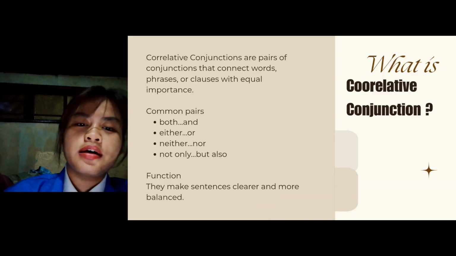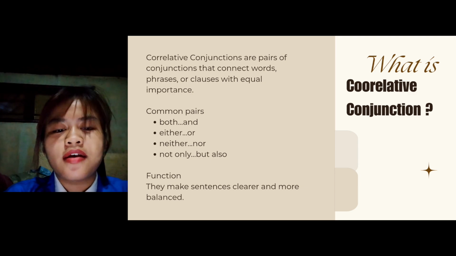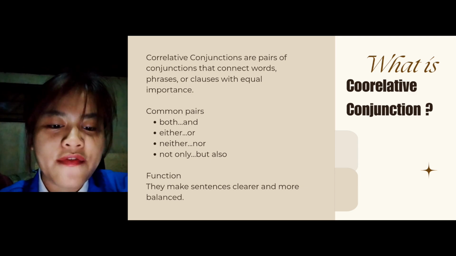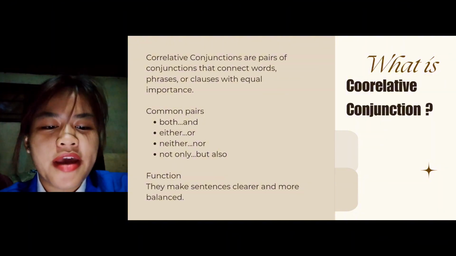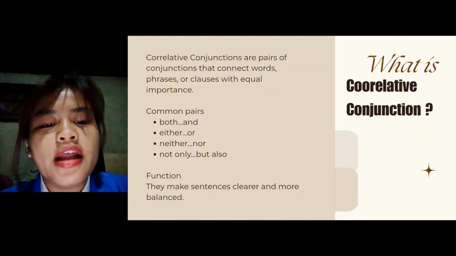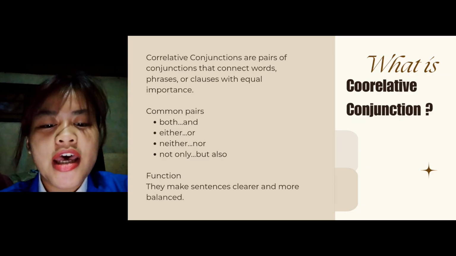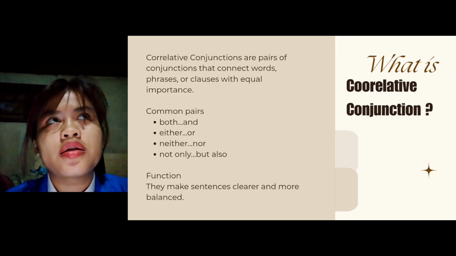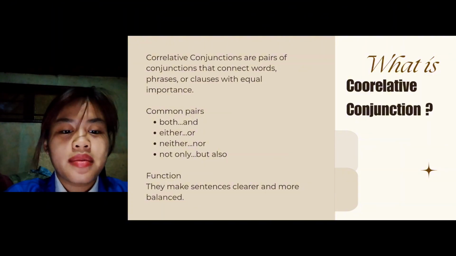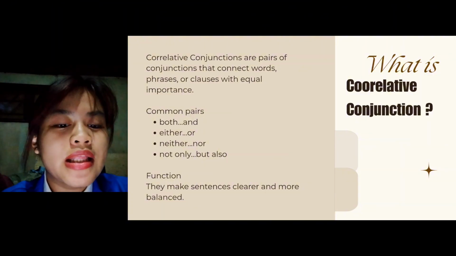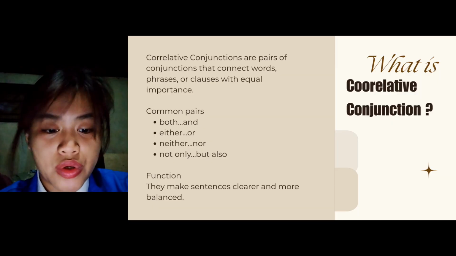And then the second material is correlative conjunction. What is correlative conjunction? Correlative conjunctions are pairs of conjunctions that connect words, phrases, or clauses of equal importance. The common pairs are usually both and, either or, neither nor, not only but also.